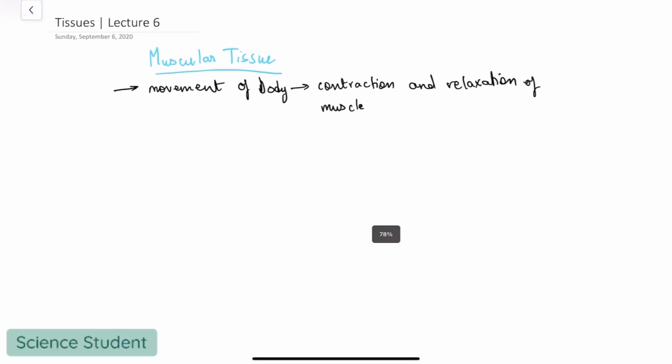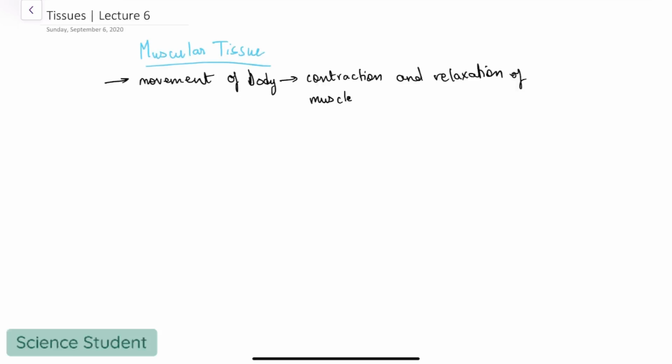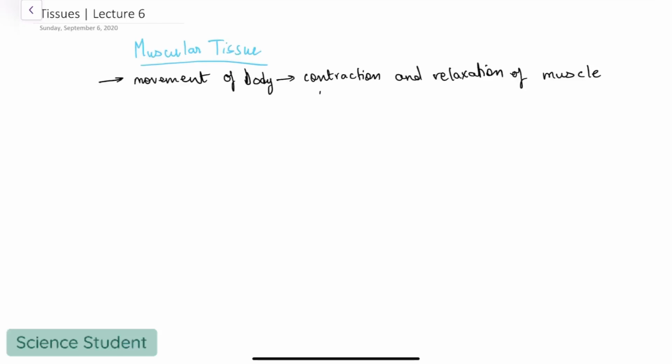Contraction and relaxation of muscle fibers. Now, muscle fibers have a special substance called contractile protein, which helps in this contraction and relaxation of the muscle tissue.